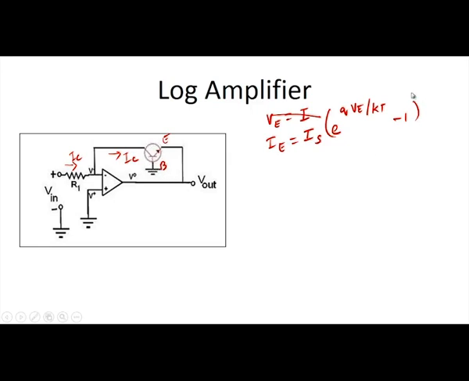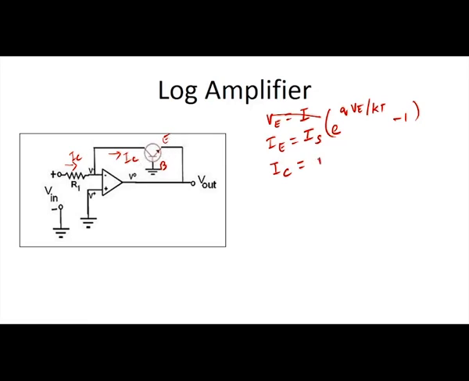So, from the diode equation we have written the emitter current as the saturation current into exponential of QVE by KT minus 1, where K is the Boltzmann constant, T is the absolute temperature, VE is the emitter voltage, and Q is the charge. This IE can also be written as IC, since the collector current is approximately equal to the emitter current.